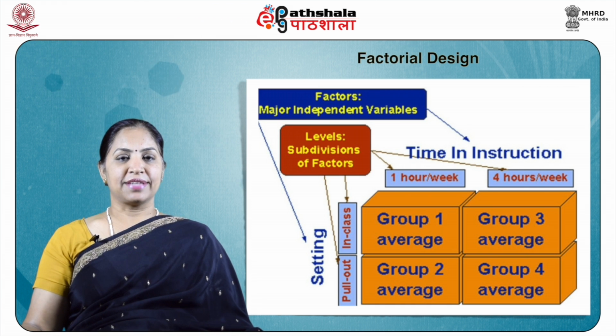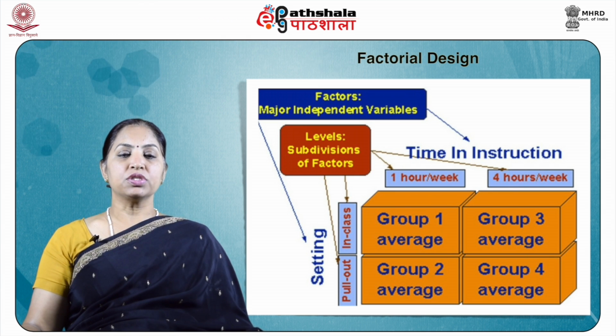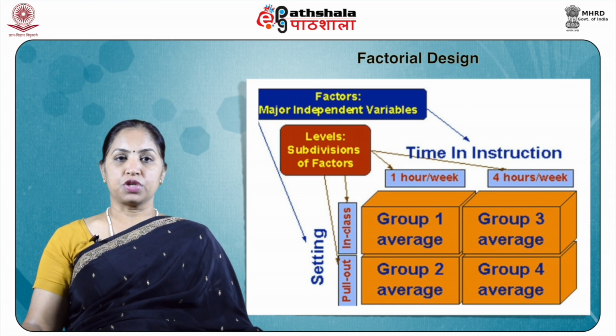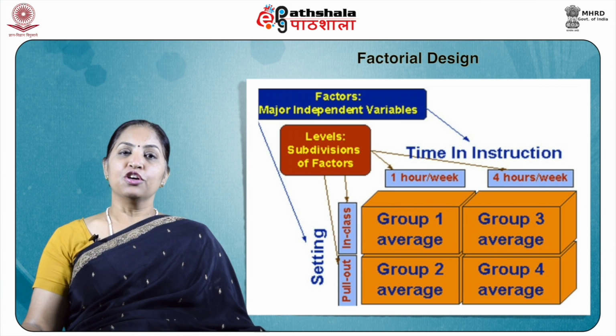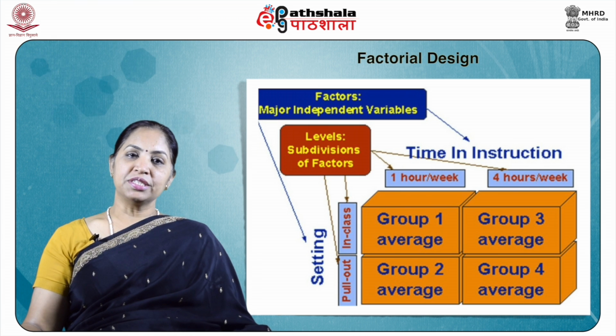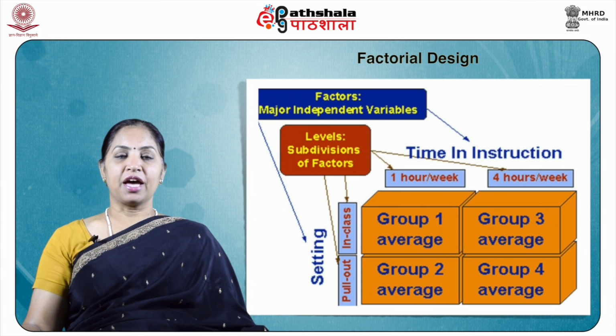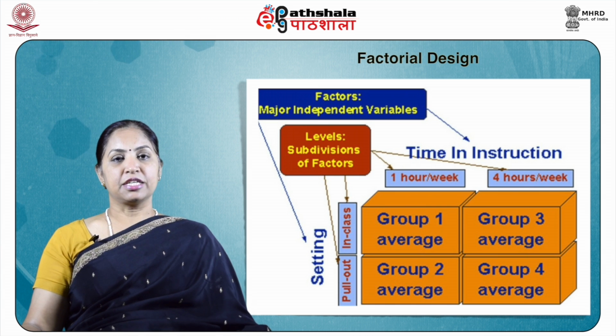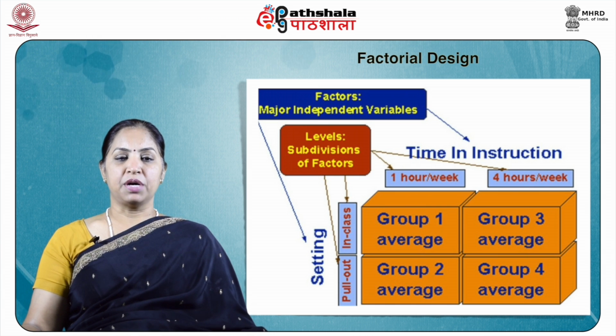With factorial designs, we can study both ways, as both ways can be had by crossing our 2 time in instruction conditions with each of our 2 settings. That means each of the 2 settings would have both the time conditions, and then both the time conditions would also have the 2 different setups where education would be imparted.